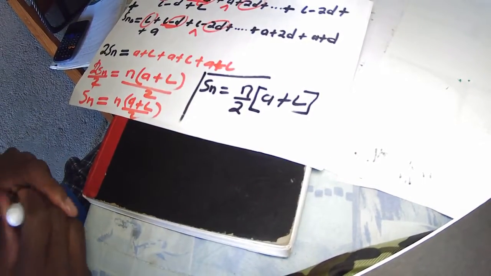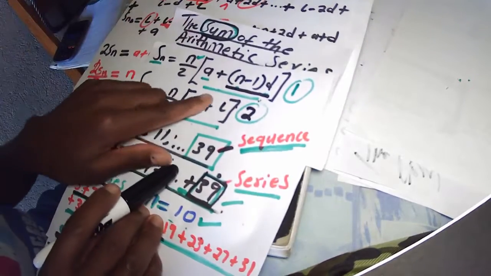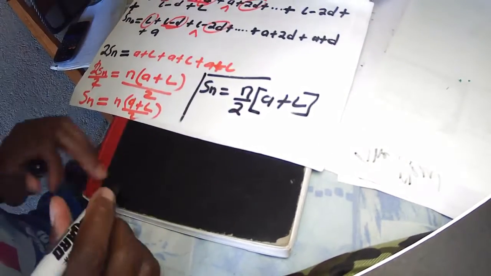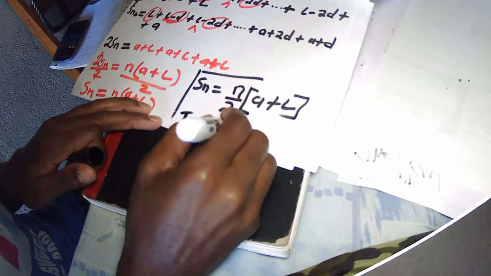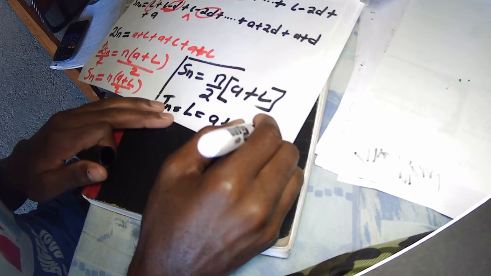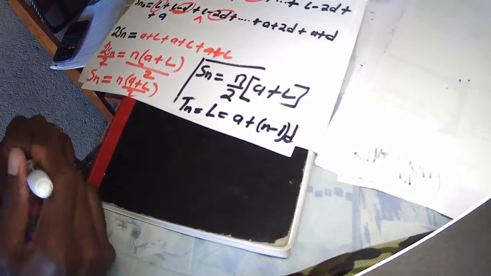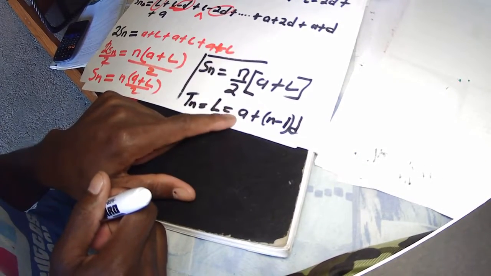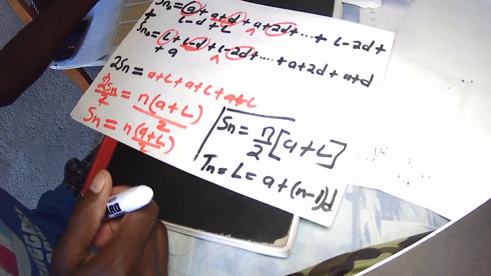But what about the first formula? How do you reach this first formula? We know that Tn is the same as L, which is the same as a plus (n minus 1)d. So where there is L, just go ahead and substitute.